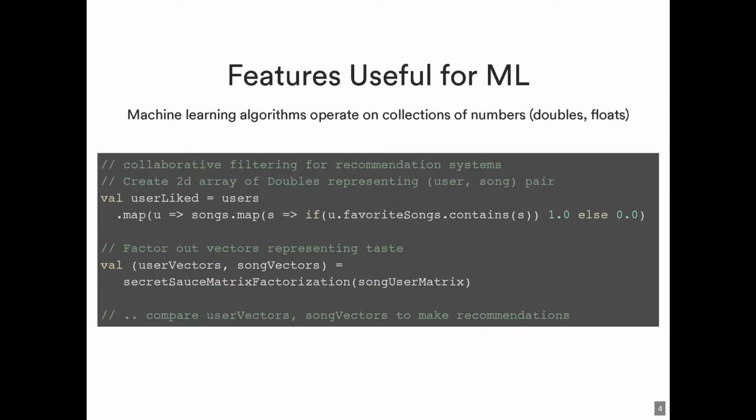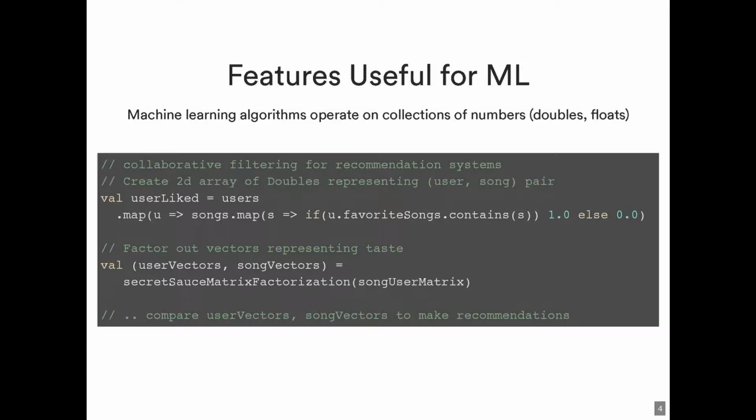Okay, so what does it mean to have a feature that's useful for machine learning? Well, generally machine learning algorithms operate on collections of numbers, so these are usually doubles or floats. For instance, in our recommendation systems, we tend to use some form of collaborative filtering.